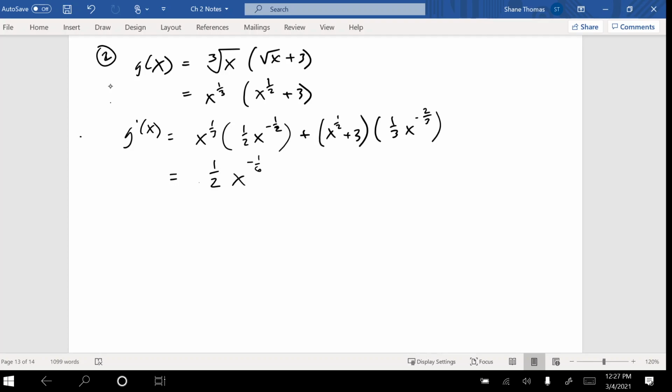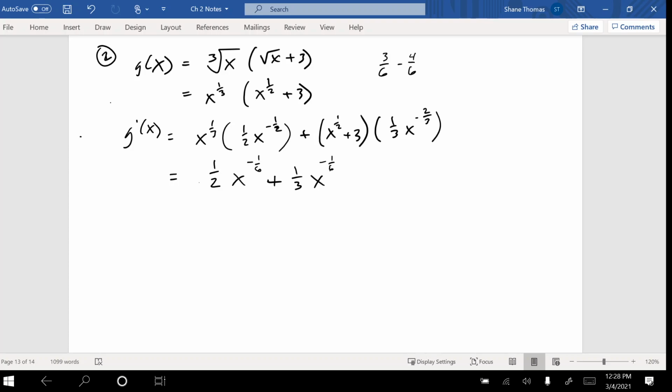On the other side, when I distribute, I have 1/2 plus negative 2/3, which is 3/6 minus 4/6, which is negative 1/6, right?